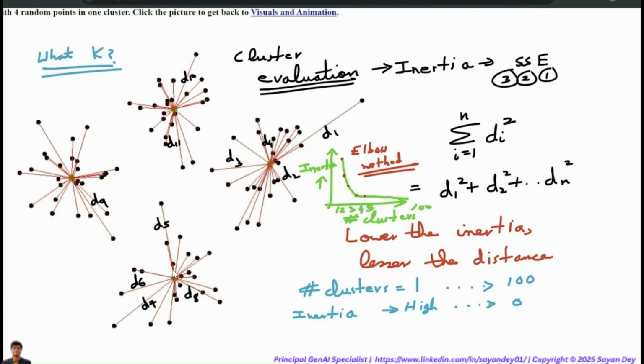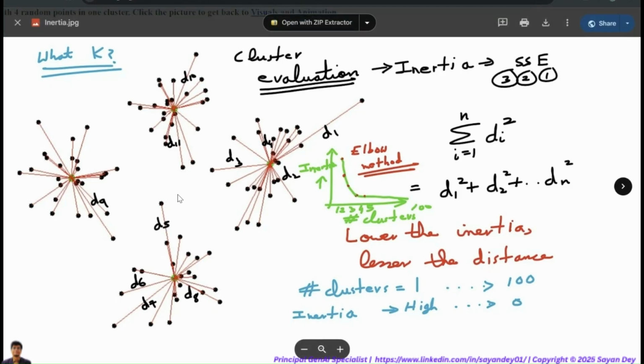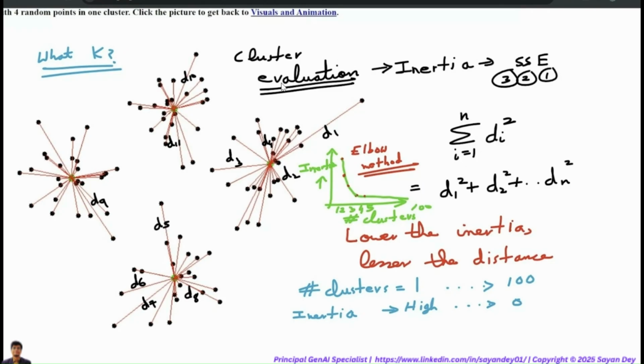But what if I create one cluster? What will happen if I try to create a single cluster out of the whole data? If I try to have a single cluster for all these data points, the inertia will turn out to be very high. The inertia value that you end up getting will turn out to be very high.